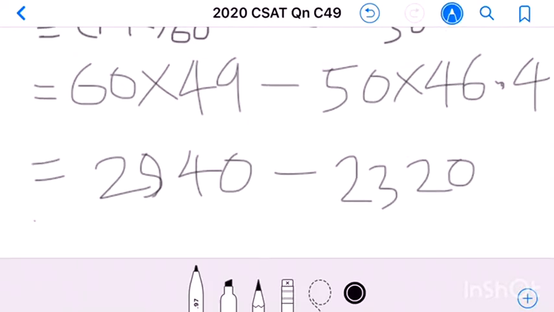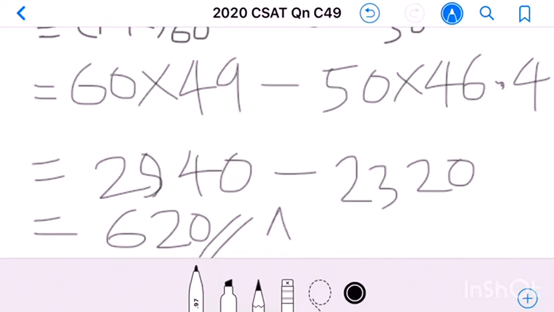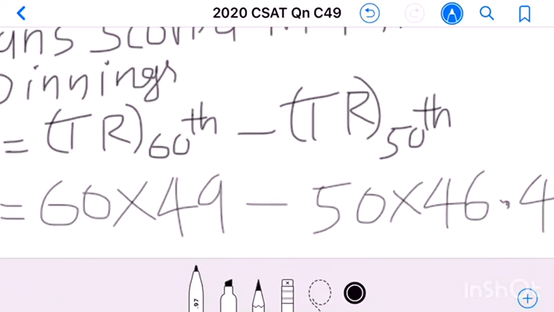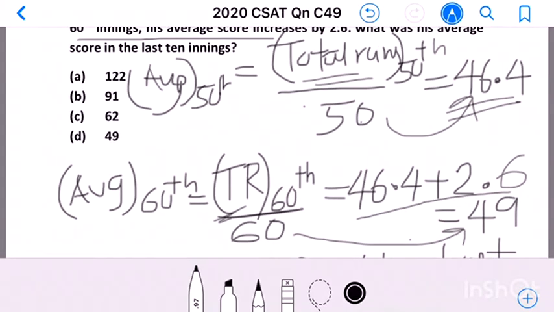This is equal to 620. So total runs scored in the last 10 innings equal 620. Then the average in the last 10 innings equals 620 divided by 10, we get 62. Our answer is option C, 62.